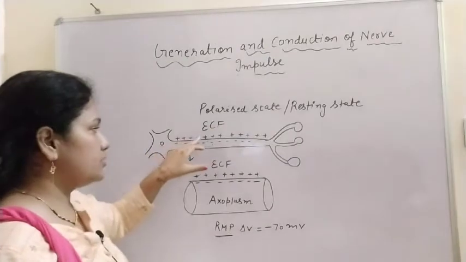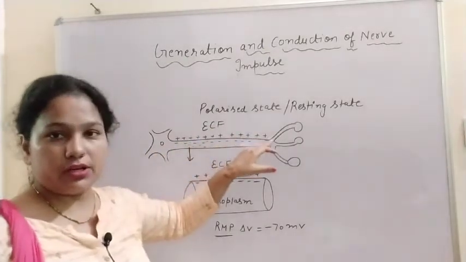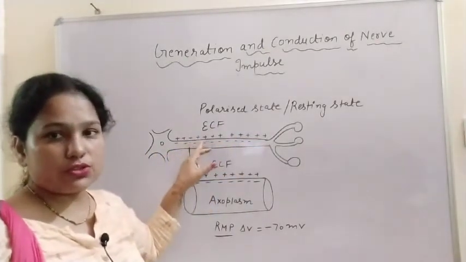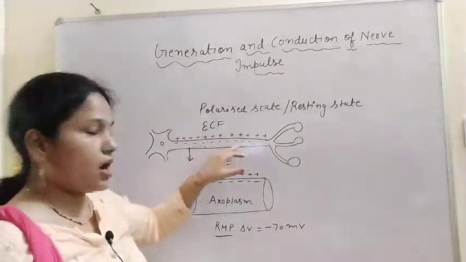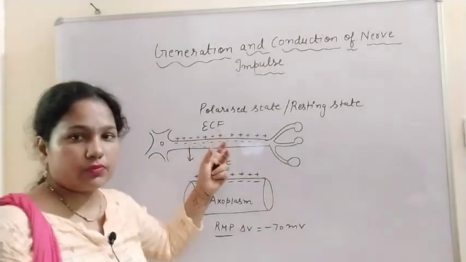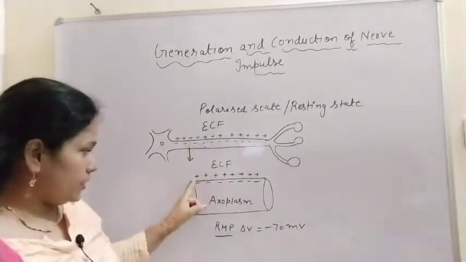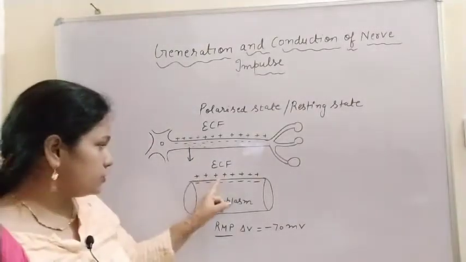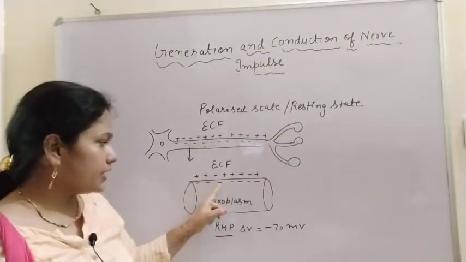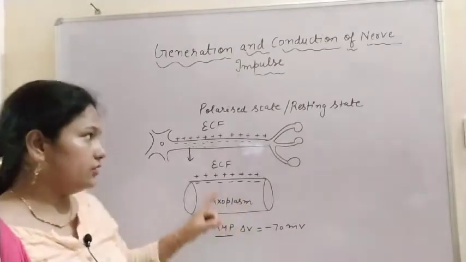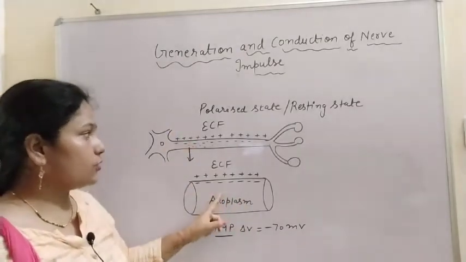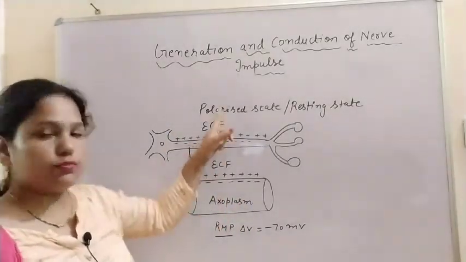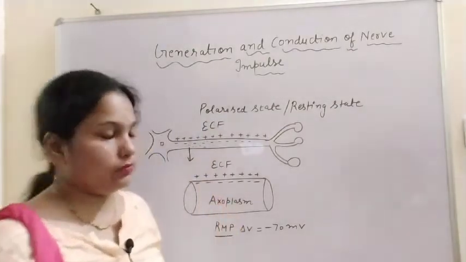When there is a positive charge outside the membrane of the axon and negative charge inside the axoplasm. Here you can see the positive charge outside and negative charge inside. So this state of the axon is known as the polarized state.